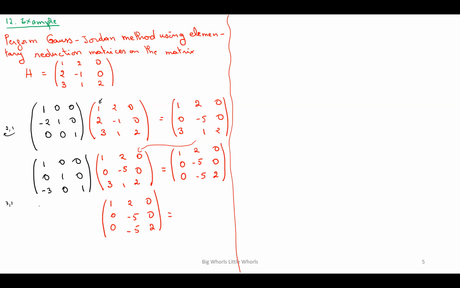Here we have my identity matrix, 0 1 0, 0 0 1. What I want to do next is to use the -5 in row 2 to be able to cancel the -5 in row 3.